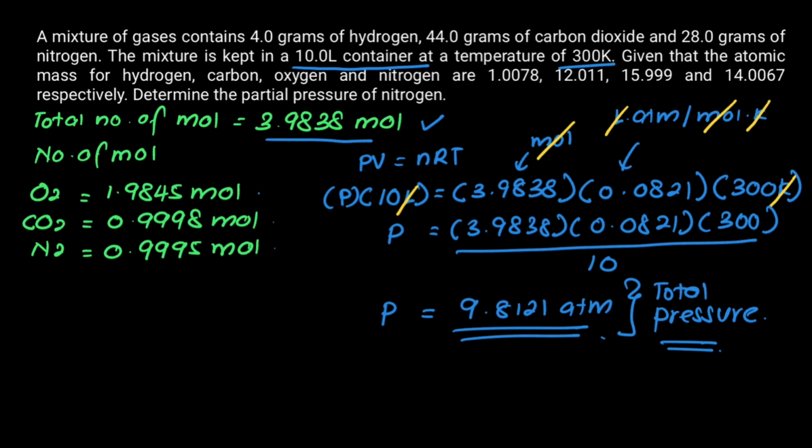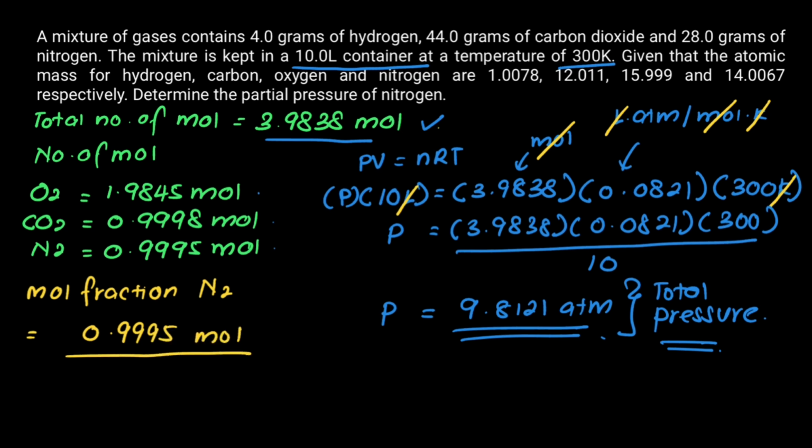Alright, in the question, you were asked to calculate the partial pressure for nitrogen. In order to find the partial pressure, the first thing that you need to do is calculate the mole fraction. The mole fraction for nitrogen is equivalent to the number of moles of nitrogen, 0.9995 mole, divided by the total number of moles, which we have calculated before, 3.9838 mole.